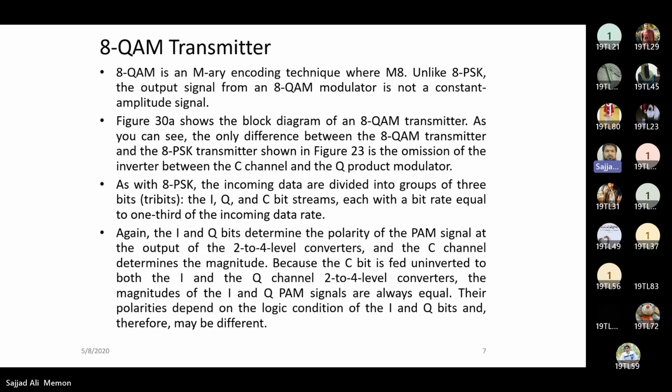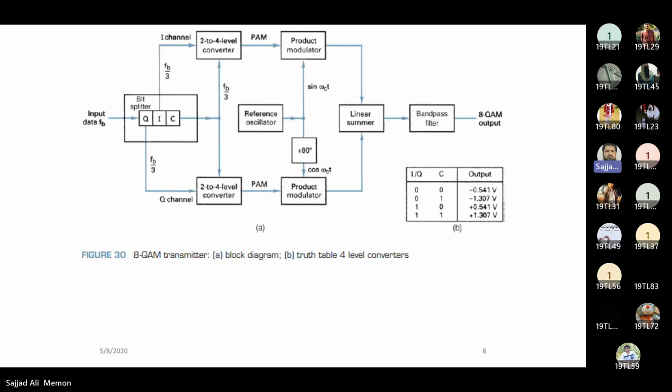As with 8PSK, the incoming data are divided into groups of 3 bits. The I, Q, and C bits each have a bit rate equal to 1/3 of the incoming data rate. That is also shown in the figure. You can see the input bit rate is fb, divided by 3 gives fb/3. So the 3 channels have a data rate equal to fb/3.